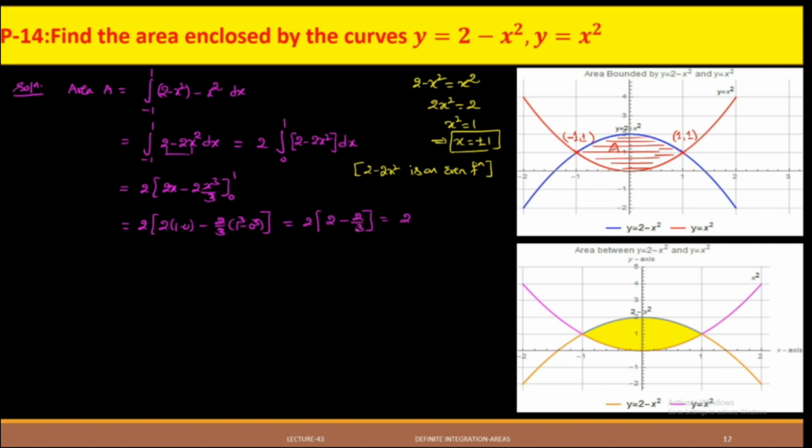So it is 2 into, this is 6 minus 2, that is 4 by 3. So that is equal to 8 by 3. So the area of the required region A is equal to 8 by 3 square units.